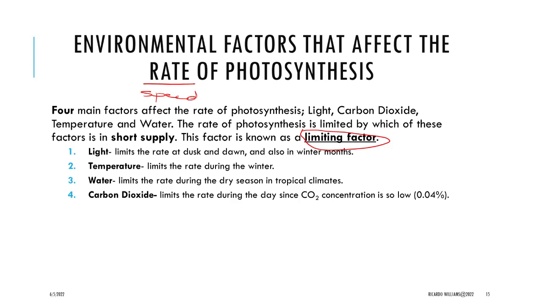The process uses enzymes, so you don't expect the plants to photosynthesize at the same speed when it is winter, when things are cold, like in Canada, -10, -15, -20, as opposed to when it was 40 degrees. So the temperature will affect the rate. If it is dry season and water is scarce, you don't expect the plant to make glucose at the same pace as when water is available. Same thing for carbon dioxide.